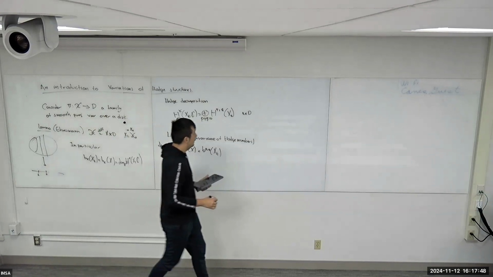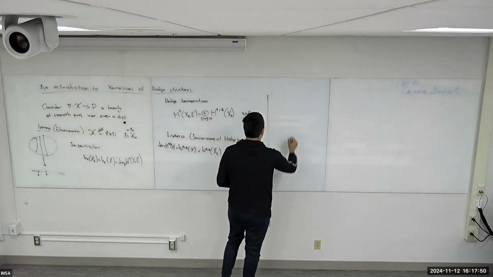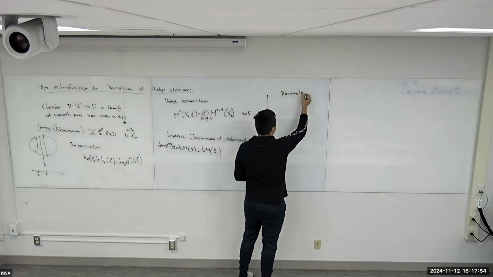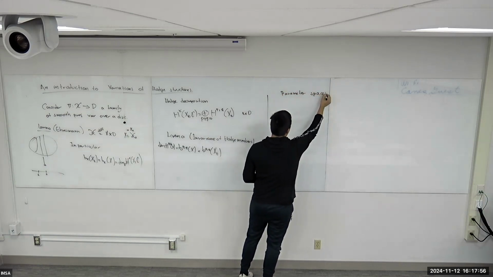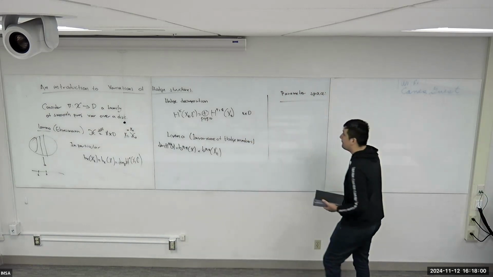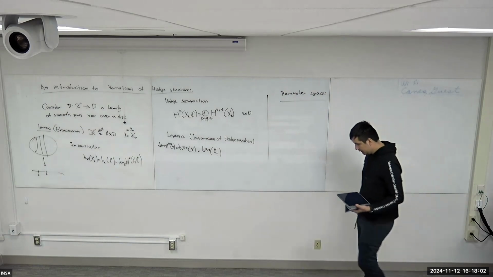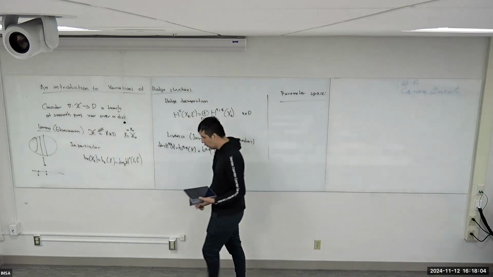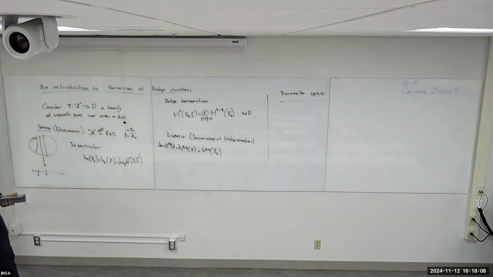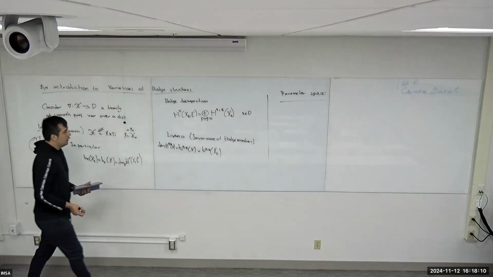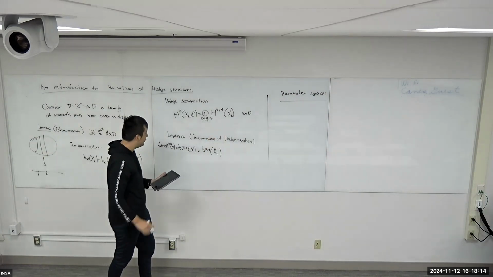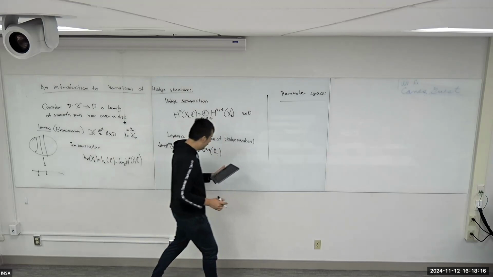So for this, let me go into defining the parameter space. Later we will want the map that we are going to define to be holomorphic. So I need to define something called the Hodge filtration to obtain this.